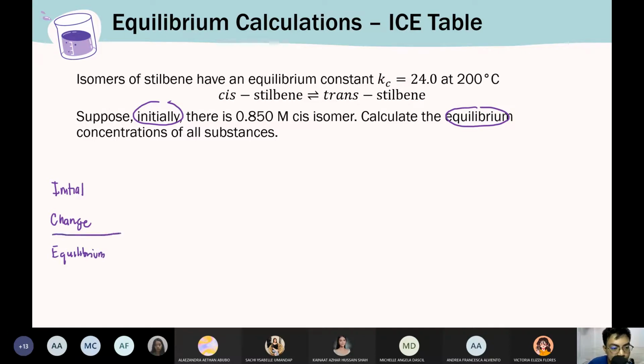The reason may R yan is kasi usually we write the equation on top of the ICE table. So, let me write the equation here. Ito yung cis. Ito yung trans.